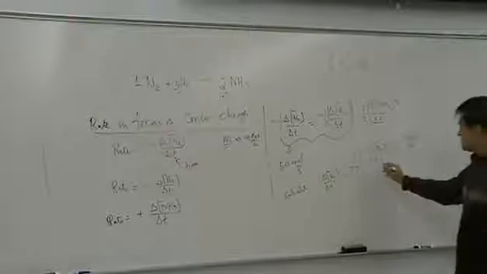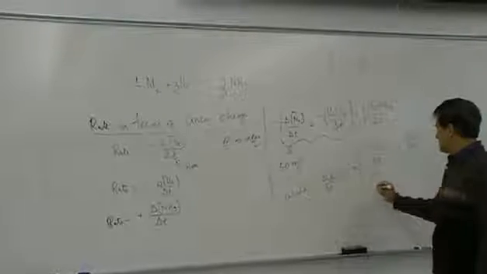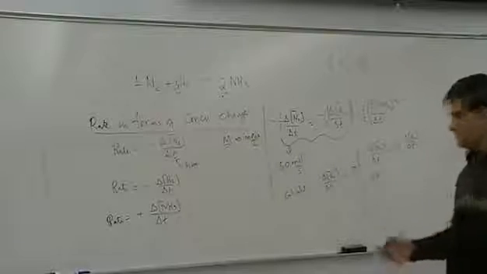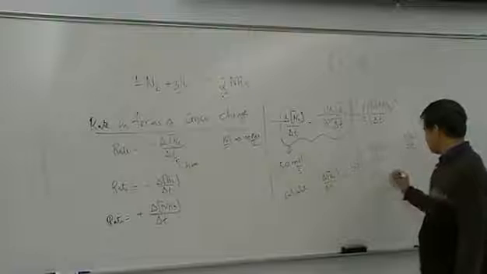Now since this value is given, I'm just going to use that number, 5.0. I can ignore now negative. Negative only tells us that it's disappearing. That's what it tells you. So I can cancel out the negatives.